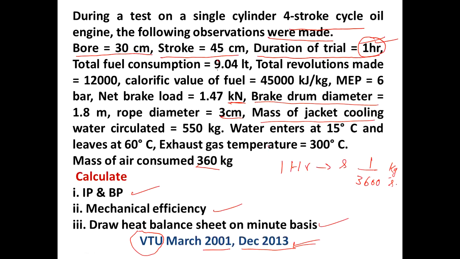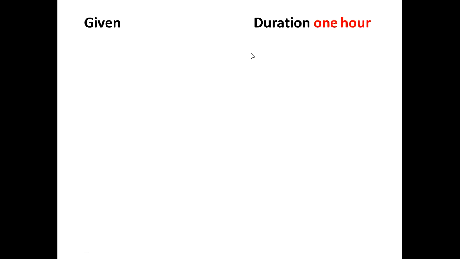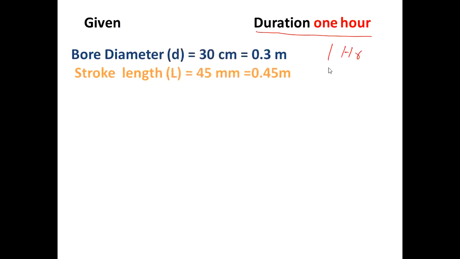Pause the video and note down all the given data. The very important given is the duration: 1 hour duration is given. Next, the diameter is 30 centimeter, that is 0.3 meter. To convert into meter, 30 divided by 100, it will be 0.3 meter.